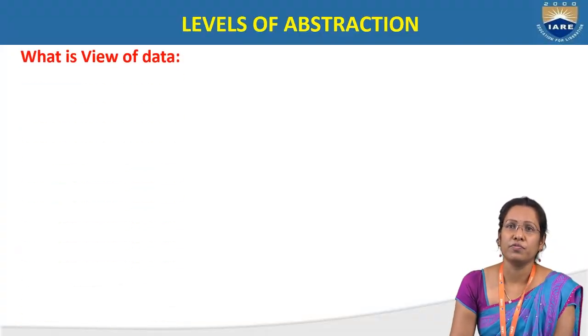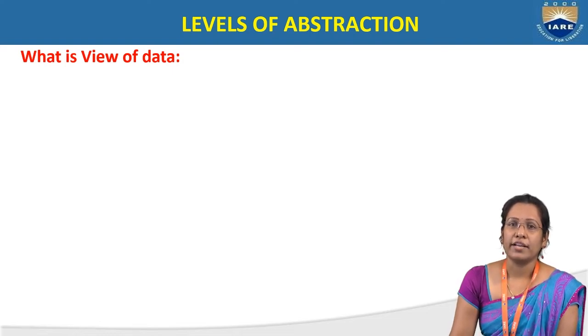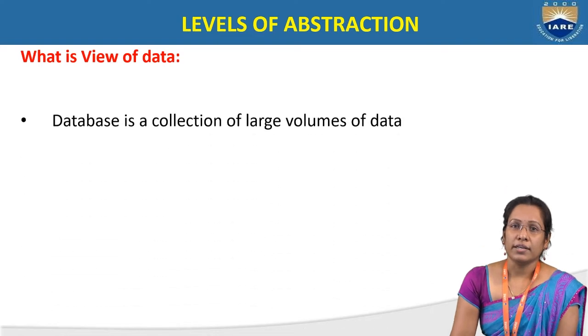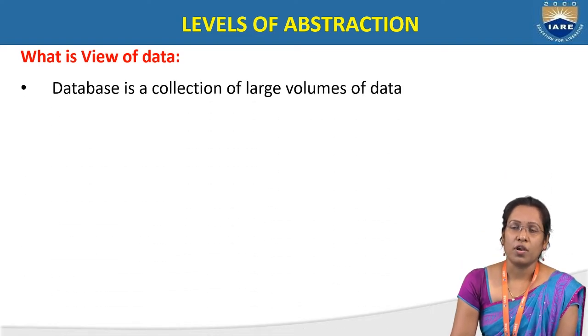Before going to view of data, I would like to tell what is a database. A database is nothing but a large collection of data, and that collection of data is in an organized format. So here, what is the view? Every time, the user wants to view only a particular part of the database; he is not supposed to view the total database.